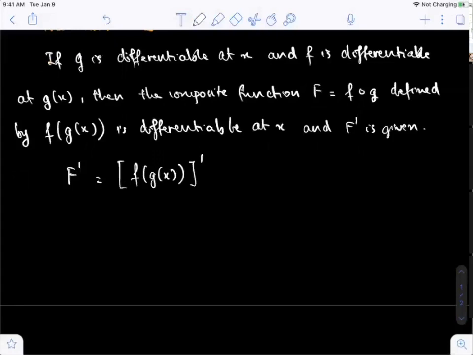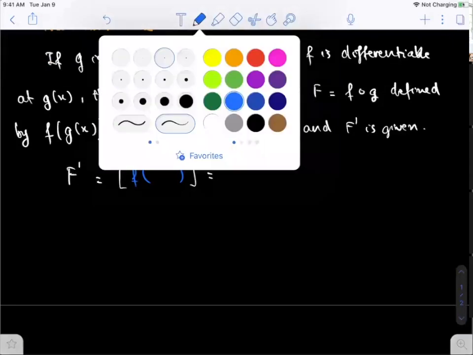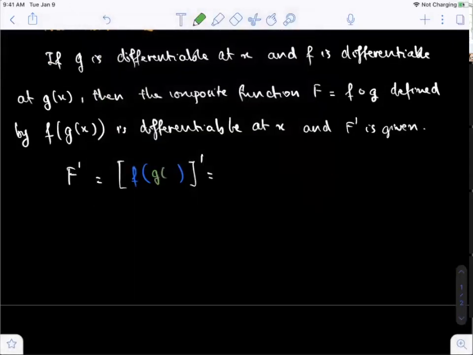So the derivative of the composite function is equal to f prime of g of x times g prime of x.